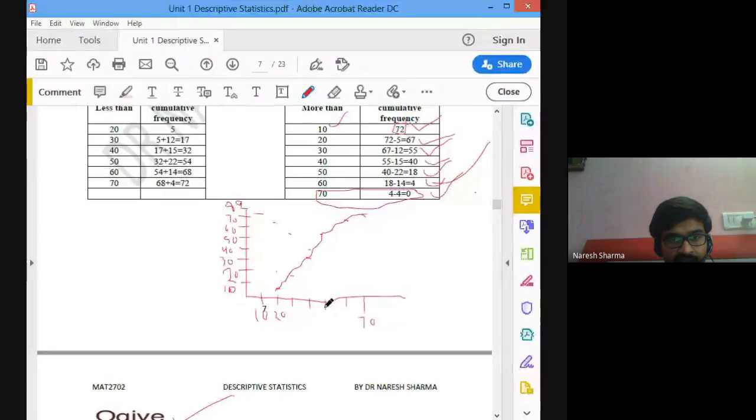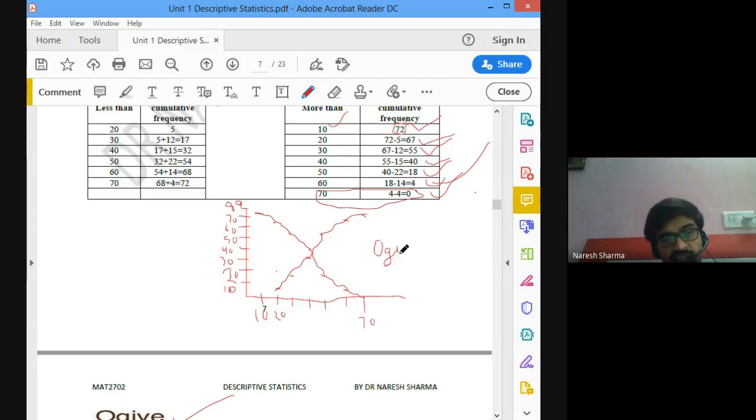At 50 it is 18. At 60 it is 4. And at 70 it is 0. So we may join these by freehand only. So this is the curve. At 70 it is 0. So this is called the auxiliary curve.